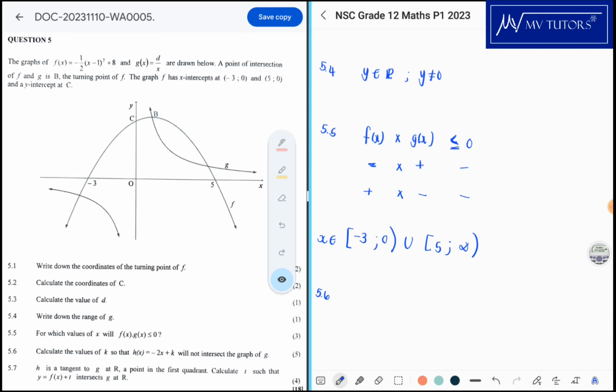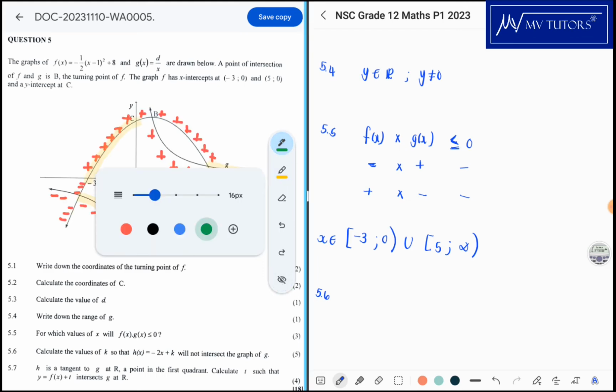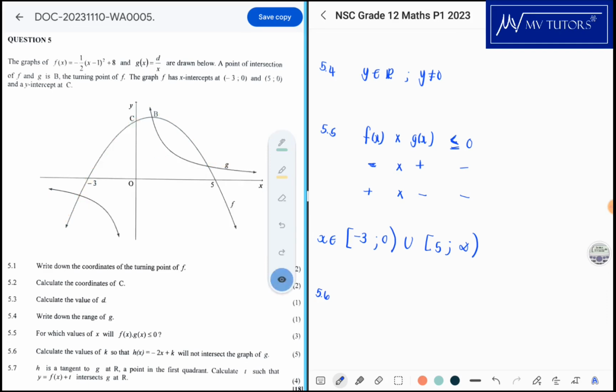So it says, for 5 marks, calculate the values of k so that h of x equal to negative 2x plus k will not intersect the graph of g. Remember g, that is your hyperbola. Okay, so this is your graph.